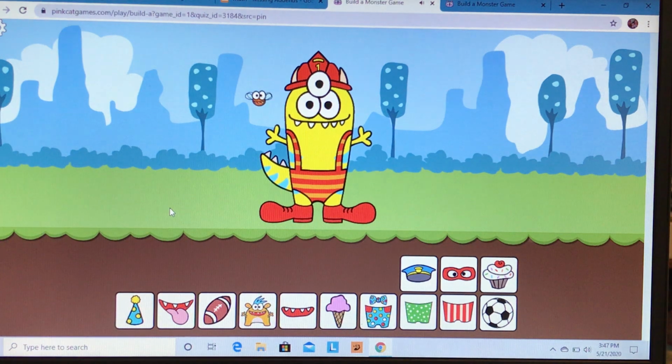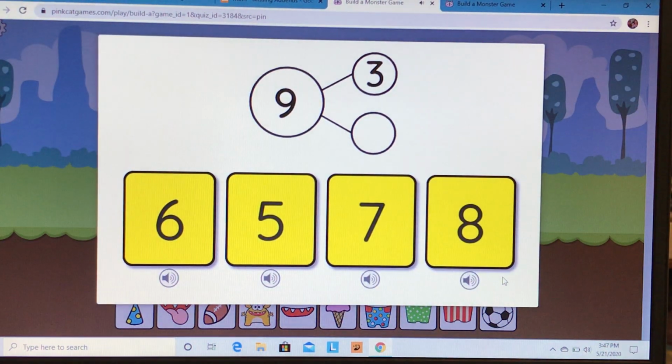It took his hair away and gave him a hat. All right, let's go to a cupcake. Maybe he's hungry. Here we want to make 9, and we are given 3. So what number must we add to 3 that would make the answer of 9?